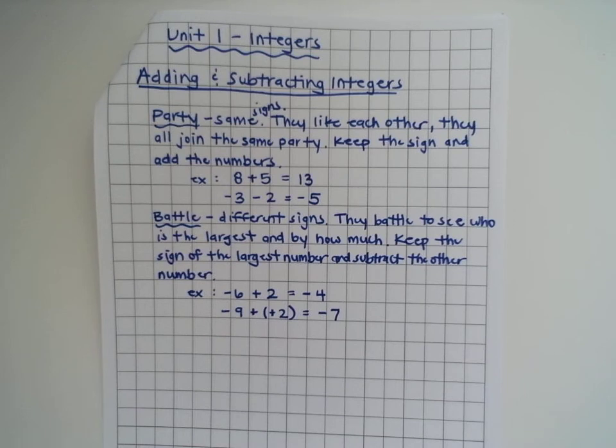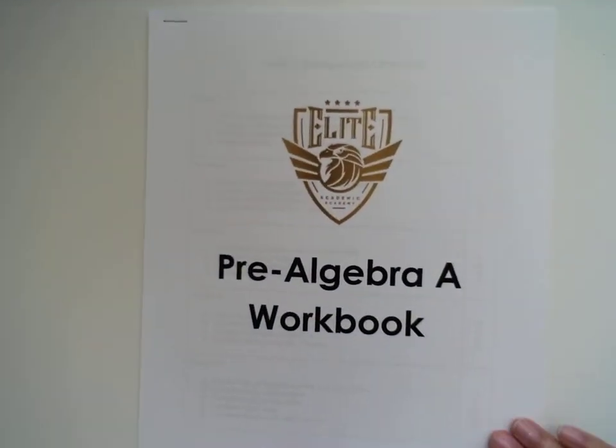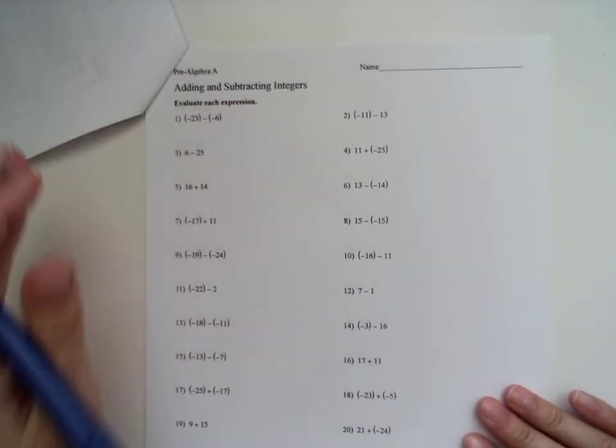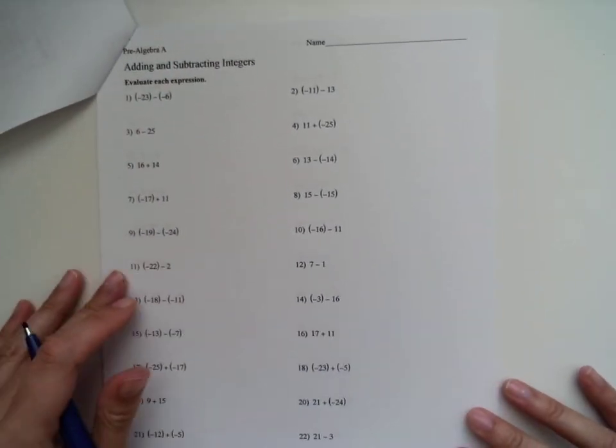Okay, once you finish copying down those notes, go ahead and open up your pre-algebra workbook. And you're going to open up to the assignment that says adding and subtracting integers.